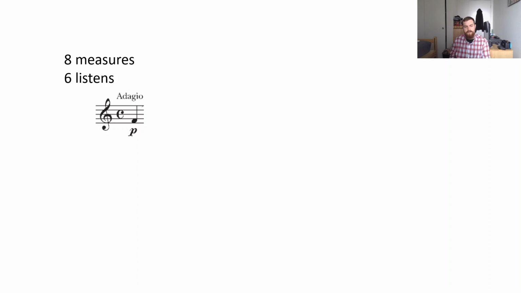Okay, so we're halfway there. Hopefully you've got the mode pretty figured out. Hopefully you've got all your rhythms taken care of, and hopefully pitch is starting to make more sense. Okay, so this is 4 of 6. Here we go. 1, 2, ready, go.